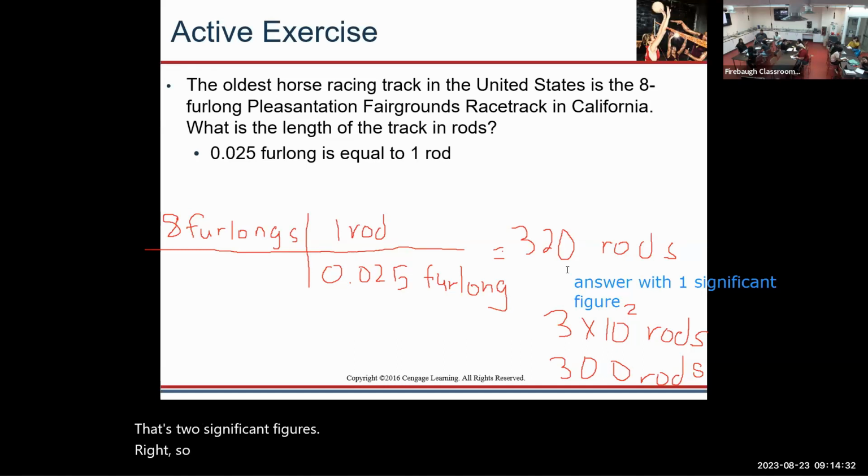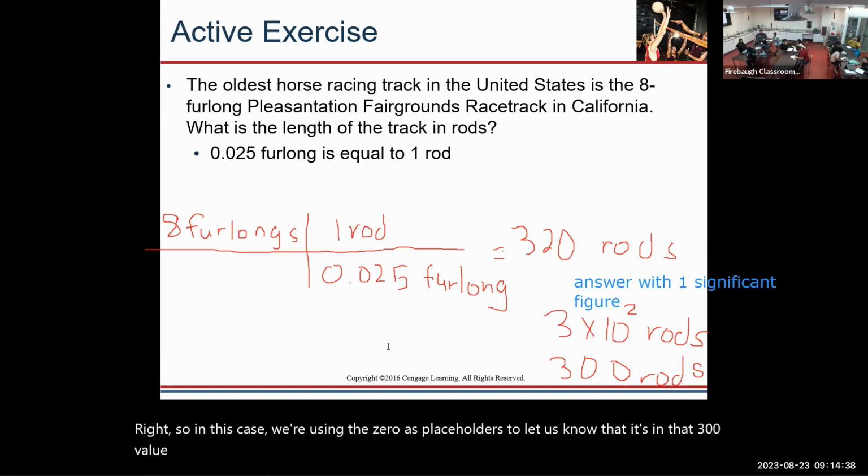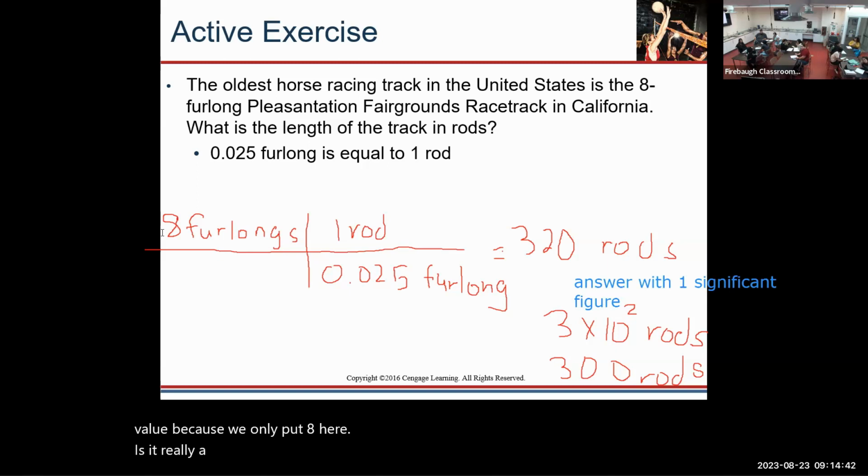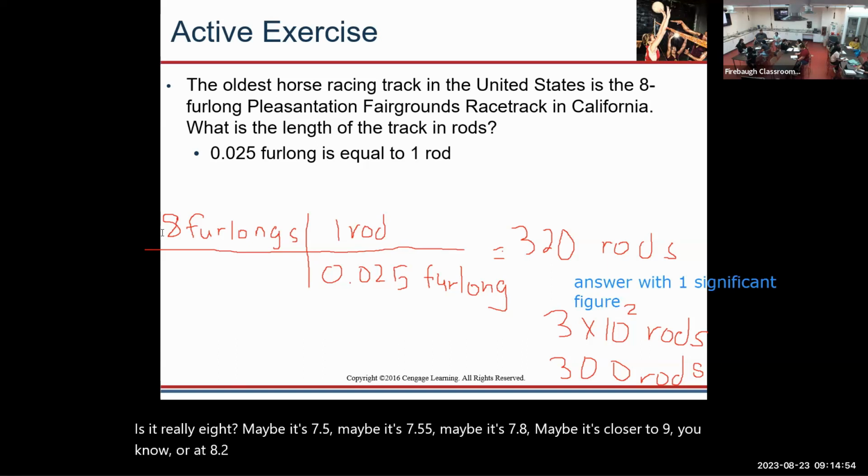That's 2 significant figures, right? So in this case, we're using the 0 as placeholders to let us know that it's in that 300 value. Because we only put 8 here, is it really 8? Maybe it's 7.5. Maybe it's 7.55. Maybe it's 7.8. Maybe it's closer to 9, or at 8.2. We don't know, right?